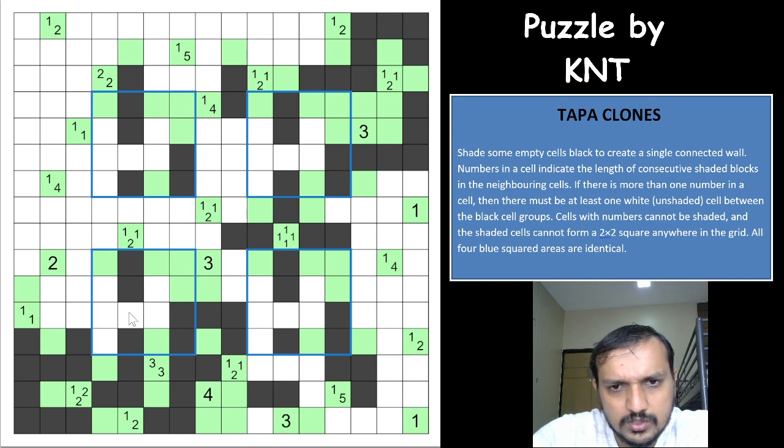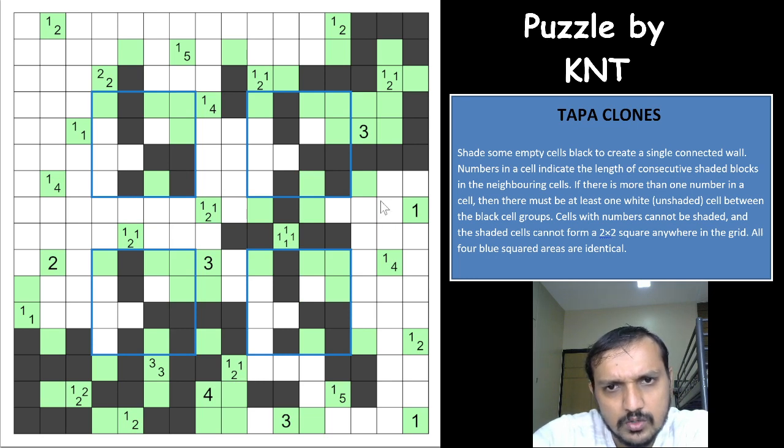So this is shaded, this is shaded, this is shaded and this is shaded now. Again, this whole path that is going towards this way cannot go using the top because 3 will satisfy but the 1 2 clue cannot satisfy.